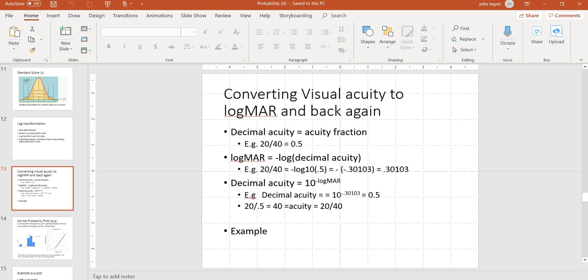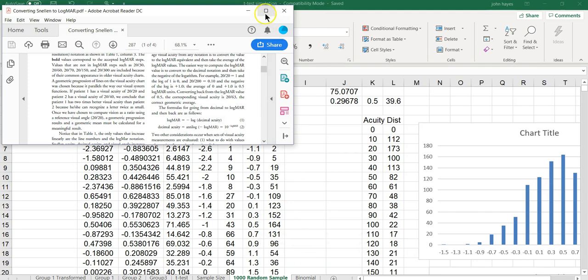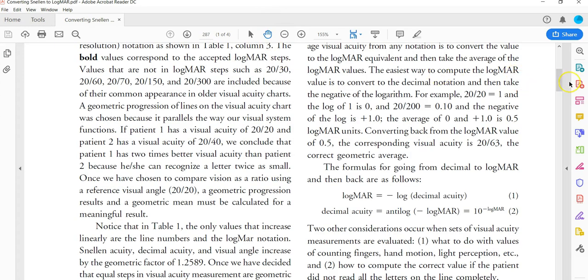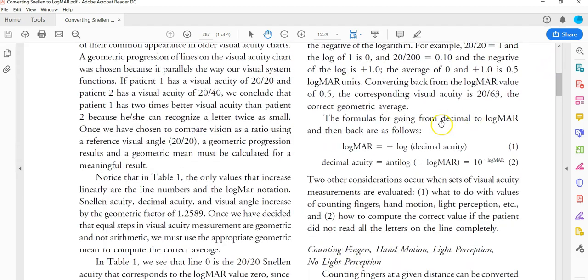Let's go to our t-test simulation spreadsheet, and we're going to use this to do some data. First, let's look at this paper. This was an editorial. I forget what the journal was, but basically, decimal acuity means 20/20, that decimal is 20 divided by 20 is 1, 20/40 is 0.5.